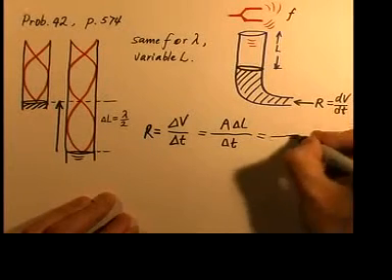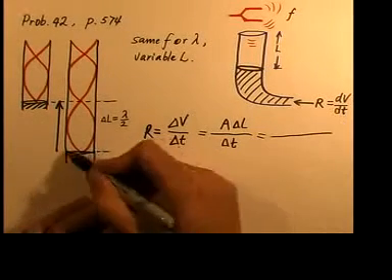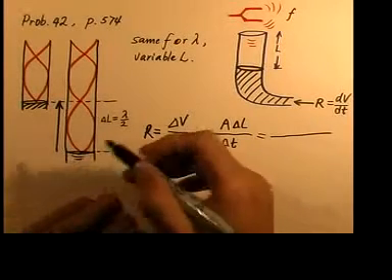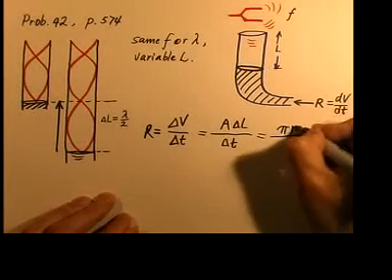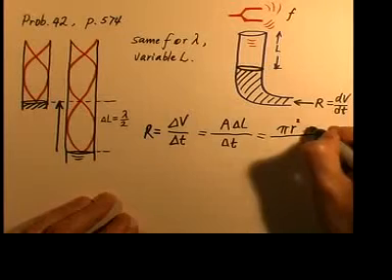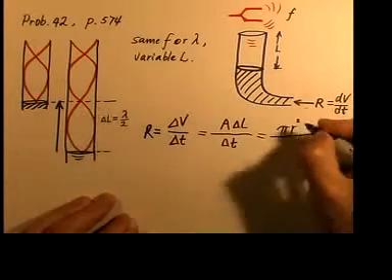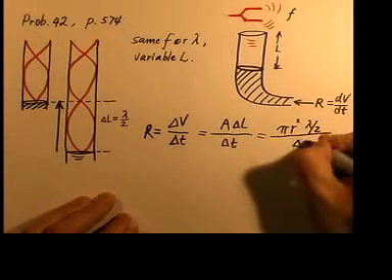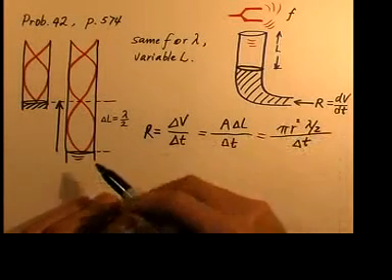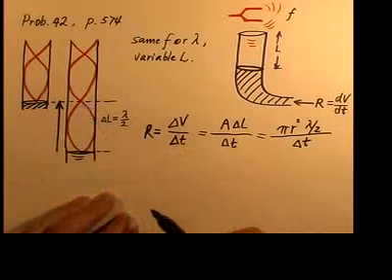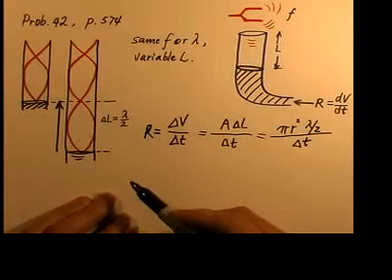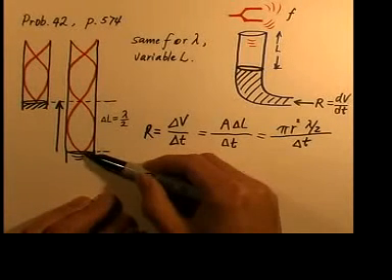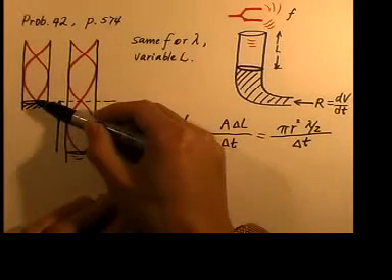You're given the radius of the water column, and therefore you have pi r squared as the area, times delta L, which is, as you know, half a wavelength, this one loop, divided by delta t. What's delta t? It's the time it takes for the water level to rise from here to there. It's also the time between this resonance and the next resonance.